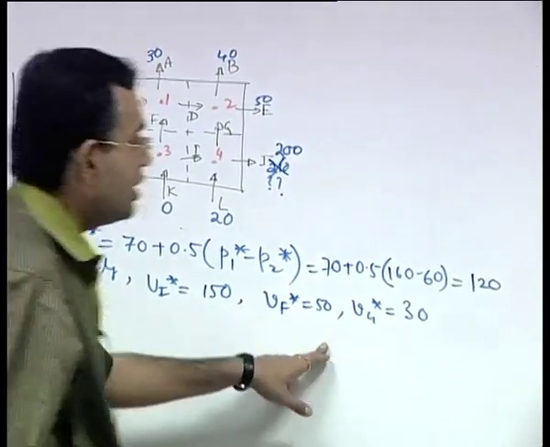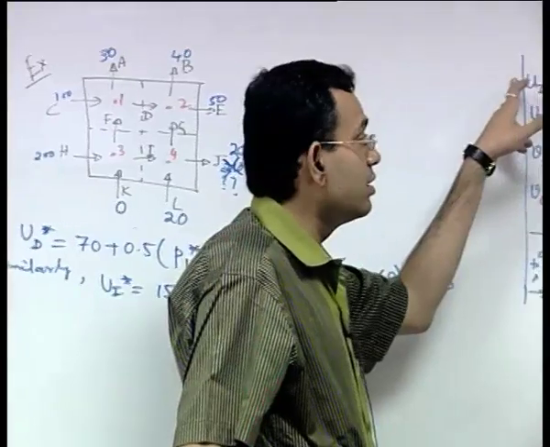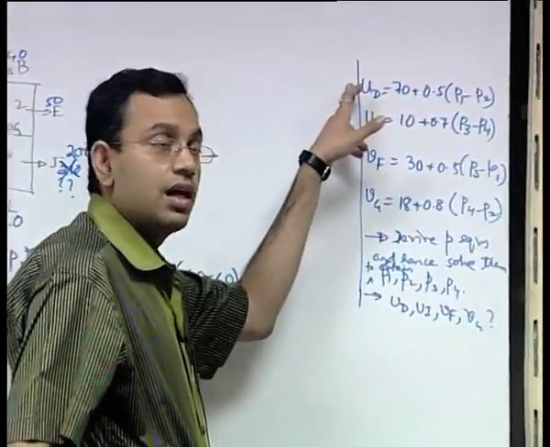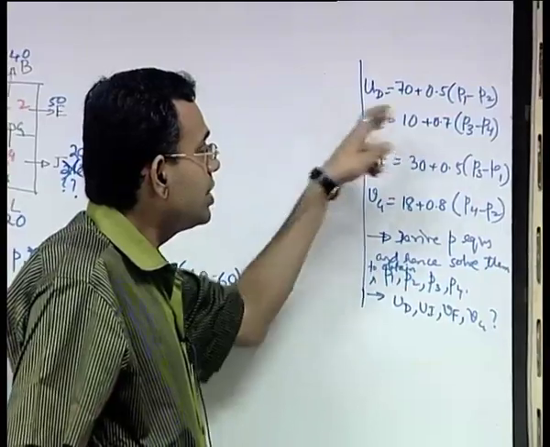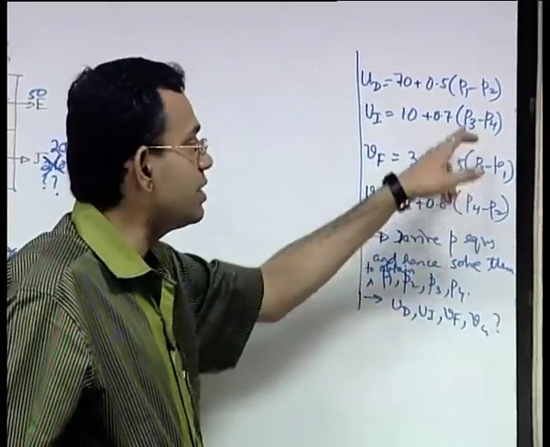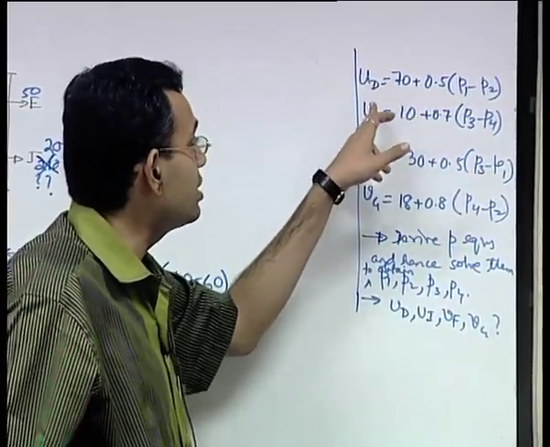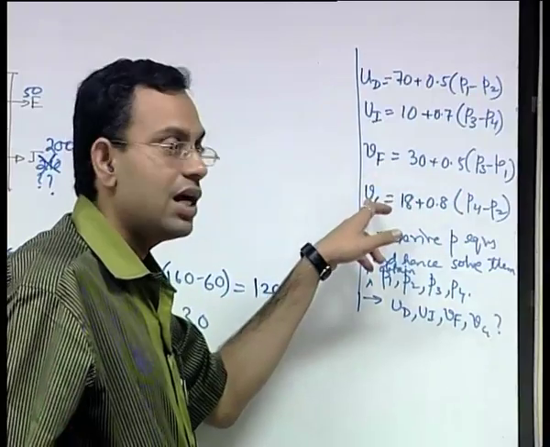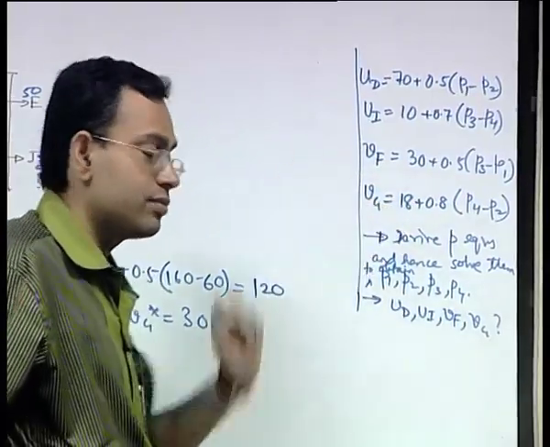How do you obtain this? By using these momentum equations and substituting the values of pressures as P star. Once you substitute pressures as P star, you will get corresponding UD star, UI star, VF star and VG star.